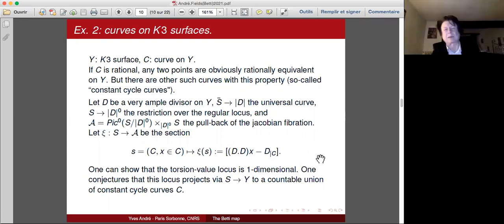And one can show that the torsion value locus of this section is one-dimensional.